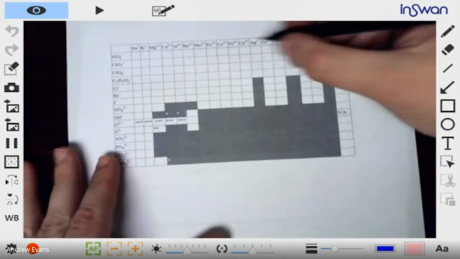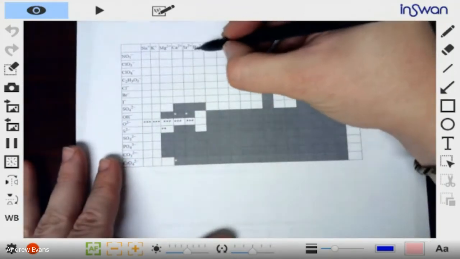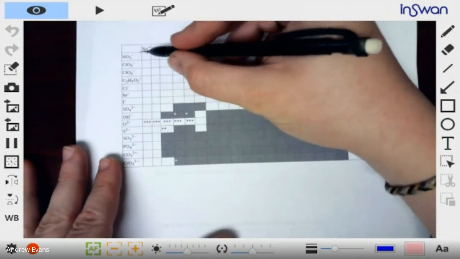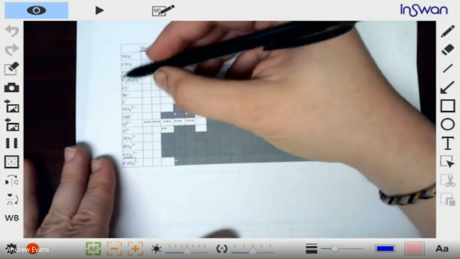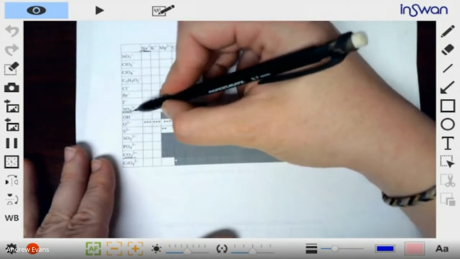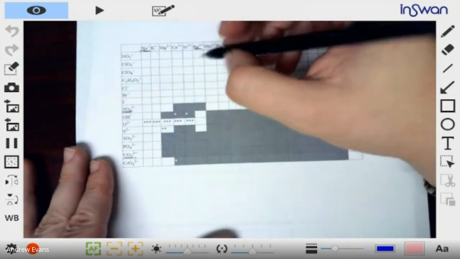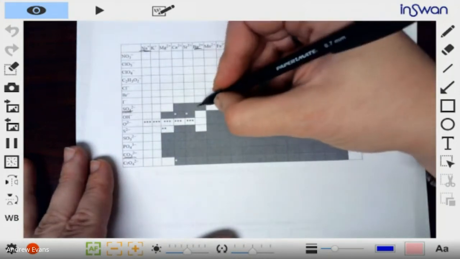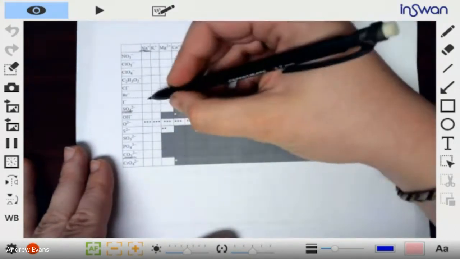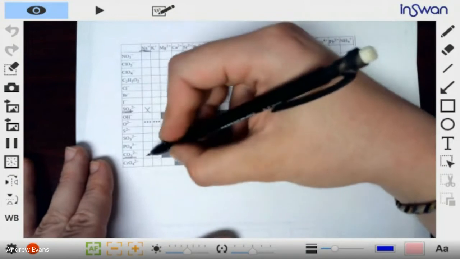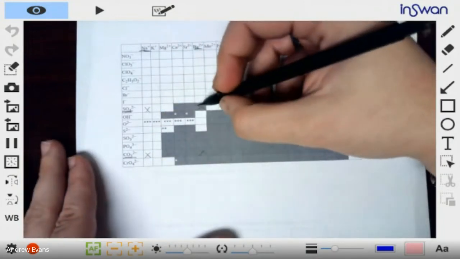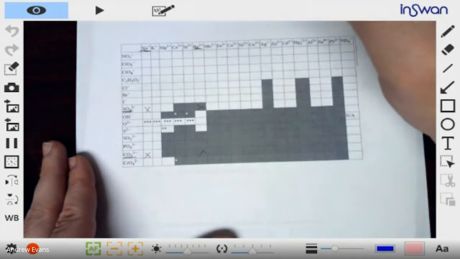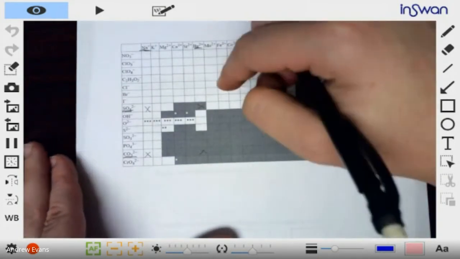So here's our barium. Here's our sodium. Here's our carbonate. Here's our sulfate. So based on this chart and this chart alone, wherever there is a black smudge, it is a solid.